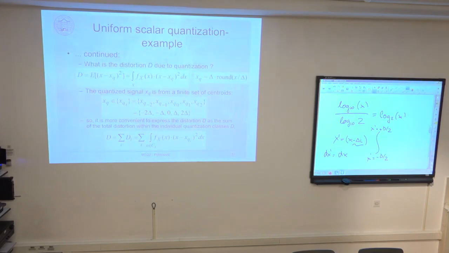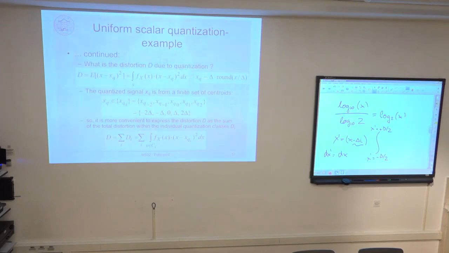But it doesn't have to be constant. For some other examples, this fx of x might be some piecewise linear or whatever function. In this case, you cannot extract it out of the integral. You have to integrate it together with the error. So you have some function that you have to integrate along this range corresponding to one of the classes, and add this up for all of the classes.